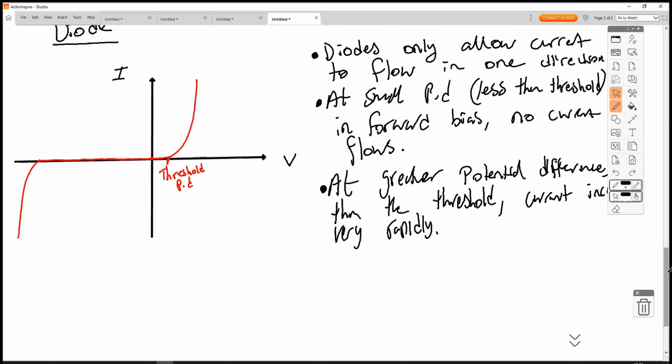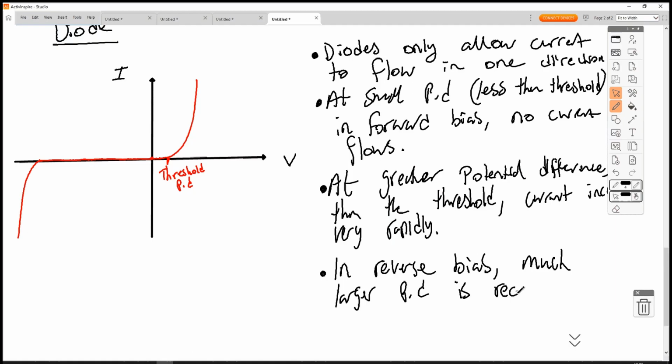And then the last bit we'll add on to that is in the reverse bias, much larger potential difference is required to make current flow.